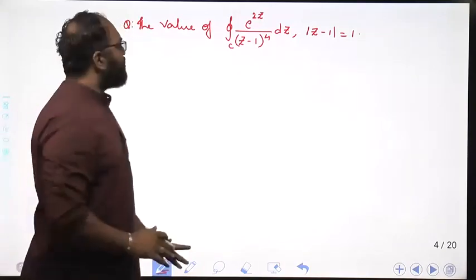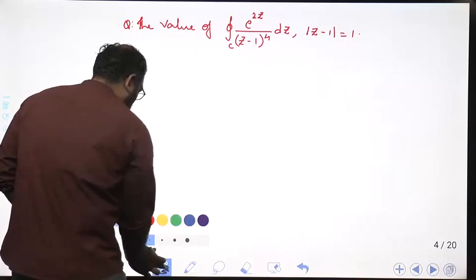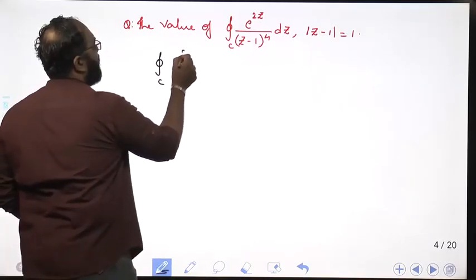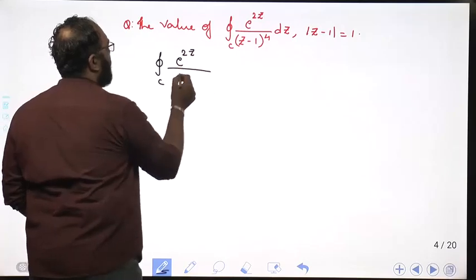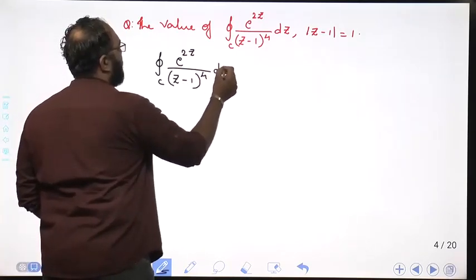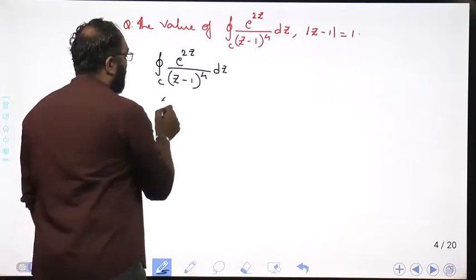Clear? So this is the question he has given. So now, what is that integral we are having? That is integral over c e to the power 2z by z minus 1 to the power 4 dz, right? Clear? Okay.